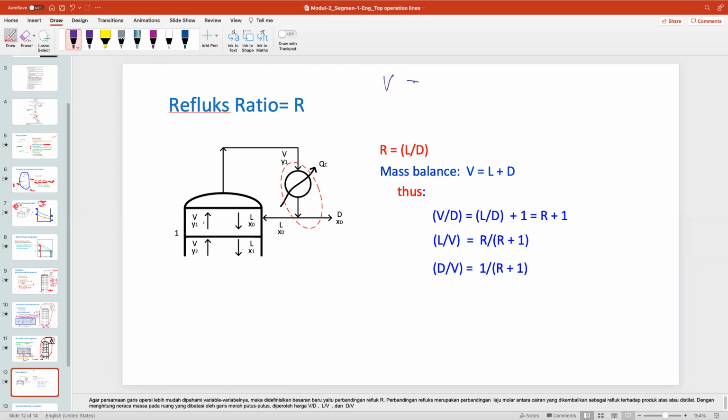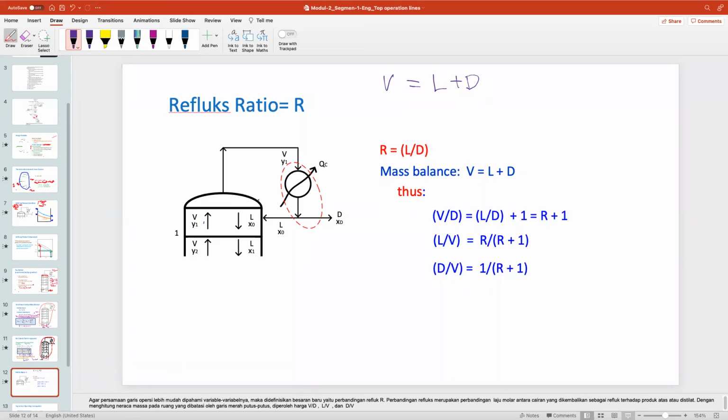we know that the mass balance is V equals L plus D. Then we introduce R, the reflux ratio. The reflux ratio is the amount that goes inside divided by the amount that goes outside the fractionation column.